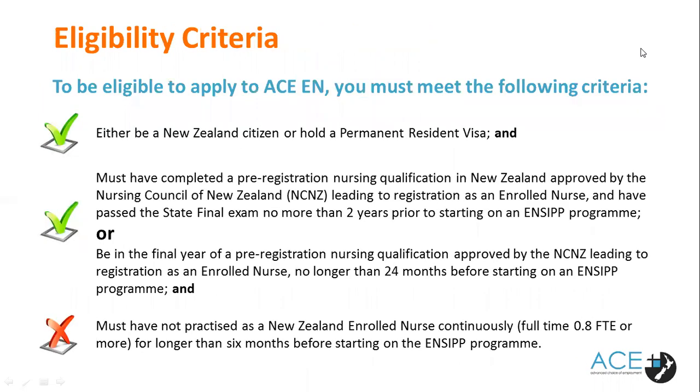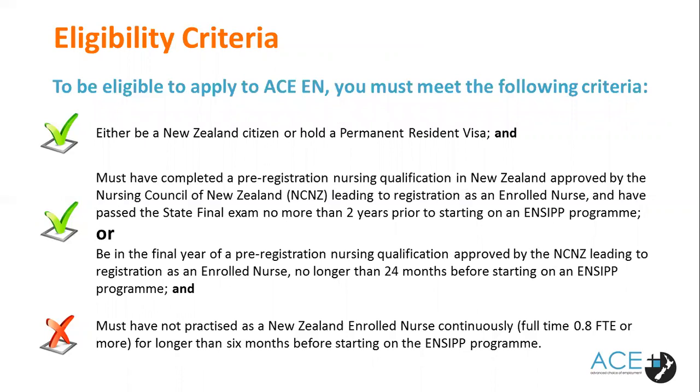So eligibility criteria. Who exactly is eligible to apply through the ACE-EN process? In order to be eligible to apply, you must meet the following criteria. You have to either be a New Zealand citizen or hold a permanent resident visa. And it must not have been more than 2 years since you completed your nursing qualification in New Zealand or passed your state exam.